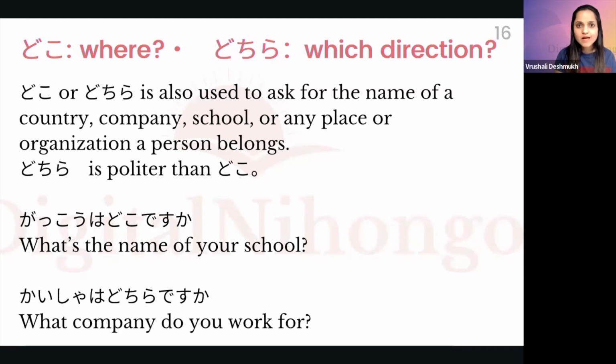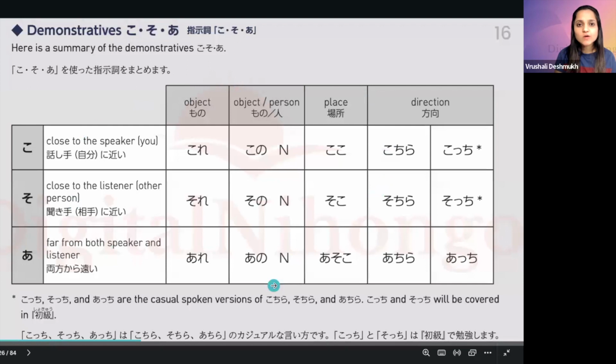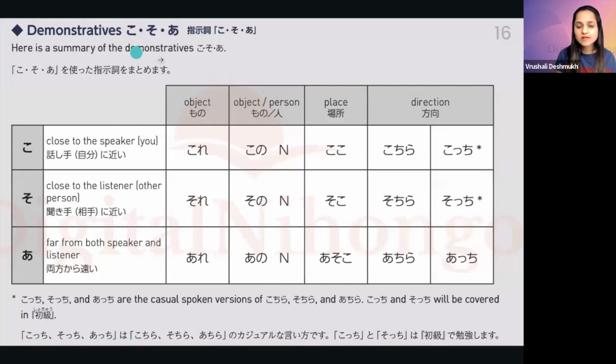Now, to summarize what we learned till now in demonstratives, this is a table giving you a summary of demonstratives starting with ko, so, a. When you are referring to an object, demonstratives are kore, sore, are. When you are referring to an object or person, kono, sono, ano.